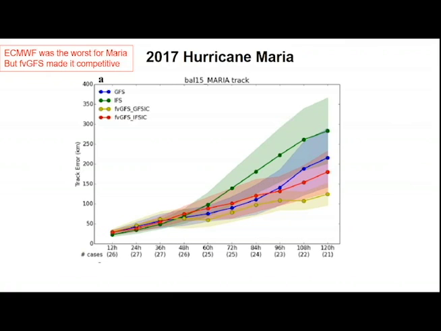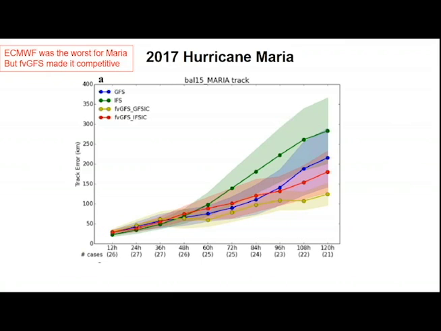So this is the track error from the ECMWF. It's much worse than the GFS, and this is really the outlier for all the global models. And when we use the ECMWF initial condition, that's great. We start out actually similar to ECMWF, that's influenced by the initial condition, and then later on, we pull away, and it becomes even better than GFS at day 5.